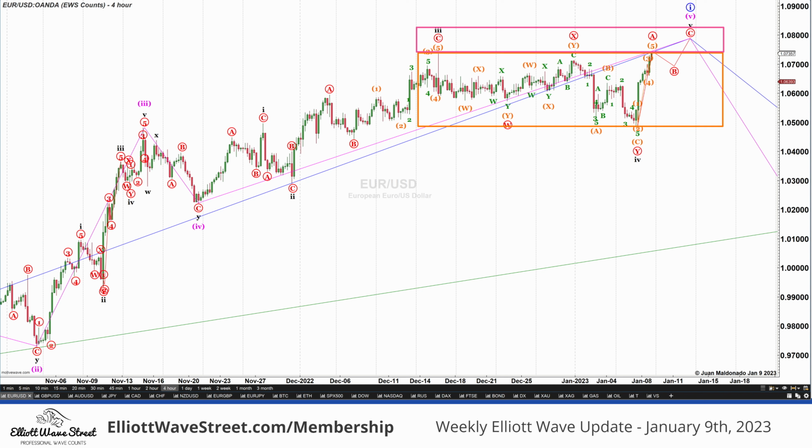So clearly, this area is where a lot of participants are having their stops. Those participants are those who went short here, let's say, or here, or here, whatever. I'm just drawing random levels. They are having their stops somewhere above the high.